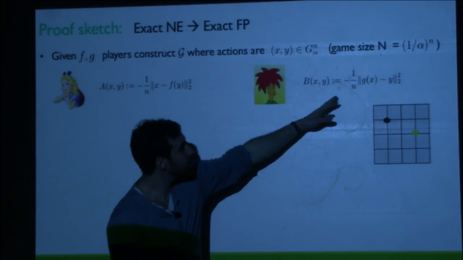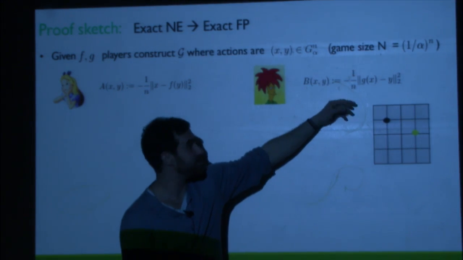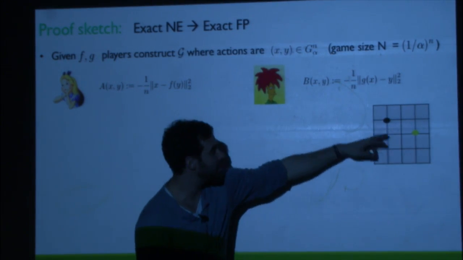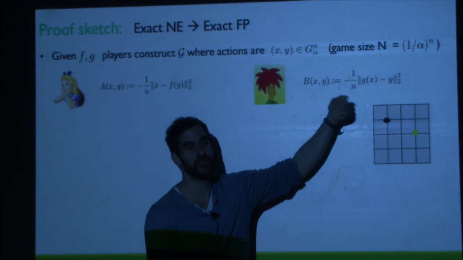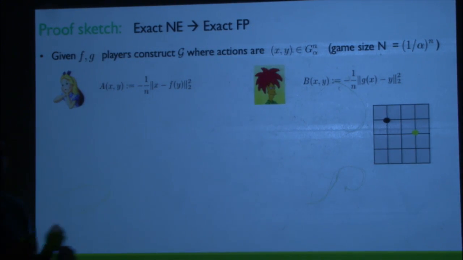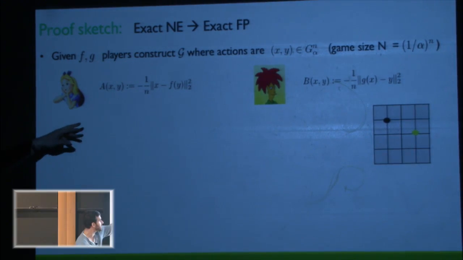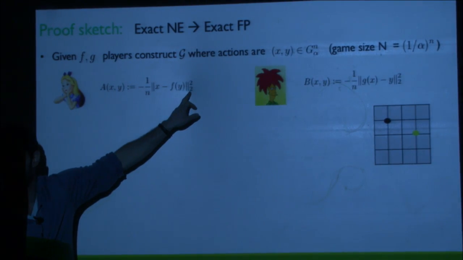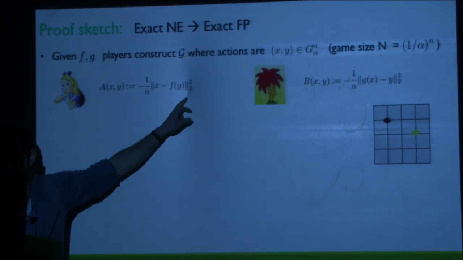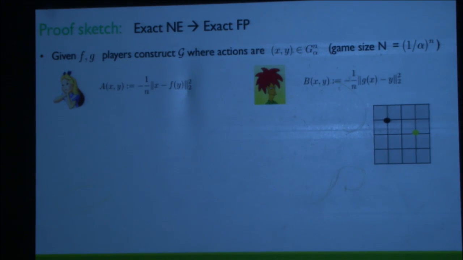Similarly, Bob defines his own payoff function, so Bob is trying to chase Alice's point under his function g. And the crucial thing is that defining these payoffs can be done completely privately. Alice's payoff function only depends on her input f. That's important.